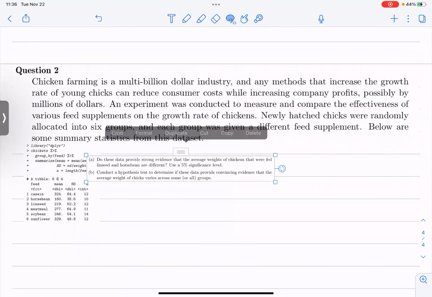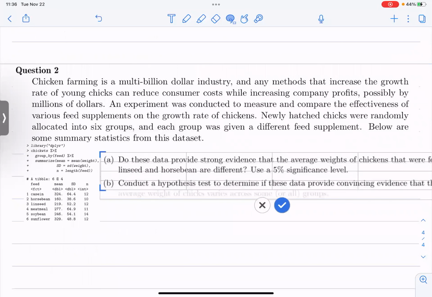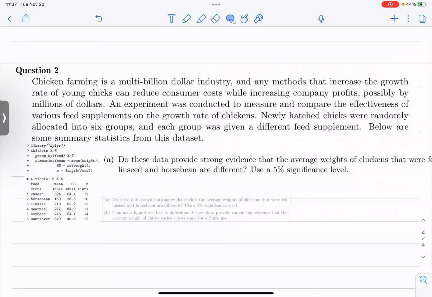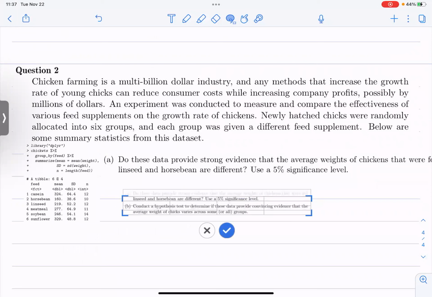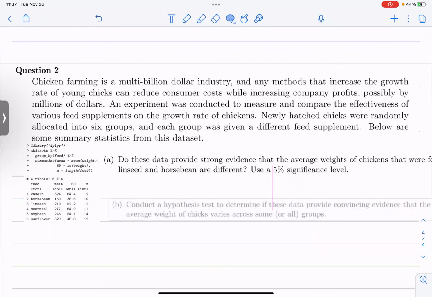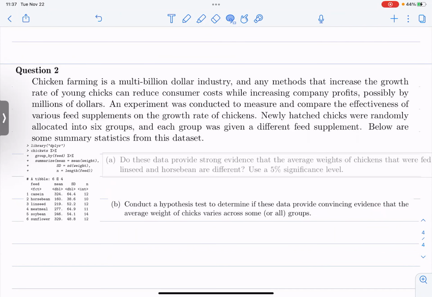Okay. You know what? Because these are going to be just slightly different. Of course. Sneaky, sneaky.